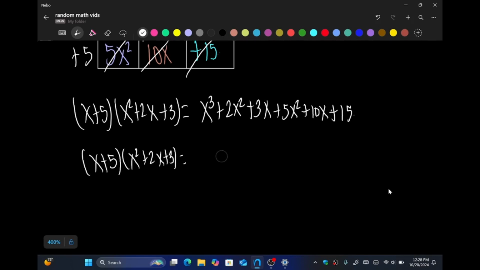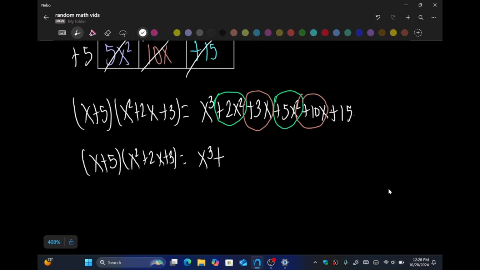And actually, let's go ahead and combine like terms. I'm sorry. So we have a 2x squared and a 5x squared. We also have a 3x and a 10x. And I think those are the only like terms. So we have x cubed, and then plus 2x squared plus 5x squared is 7x squared.